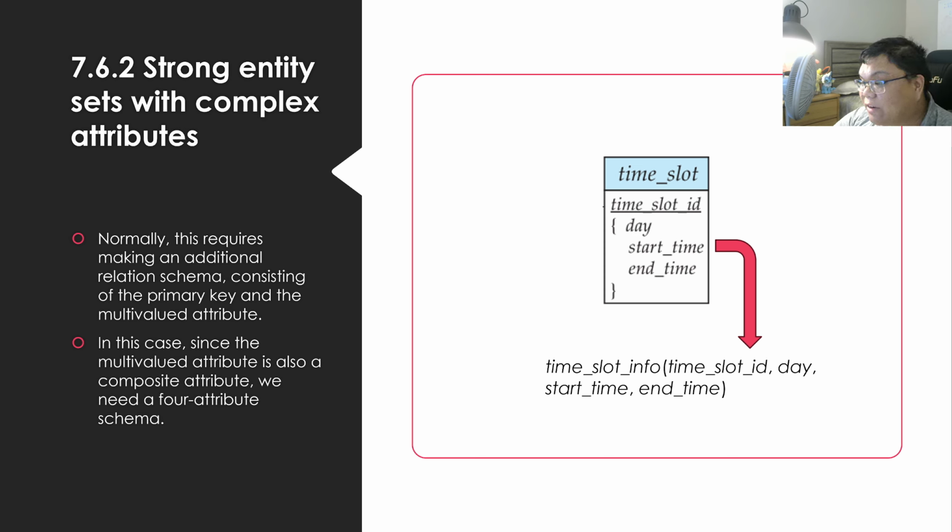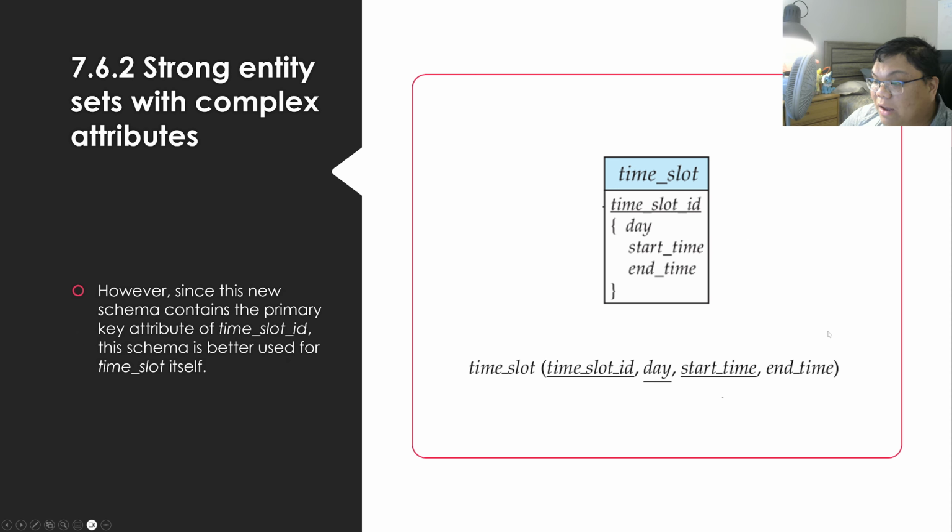So we add another table, let's call it time slot info, where we have these attributes as part of our primary key, but we also add time slot ID as part of our primary key. But wait, this relation now has all the same attributes as time slot, so why don't we just use that as the schema for time slot, so we don't need to add an extra table.